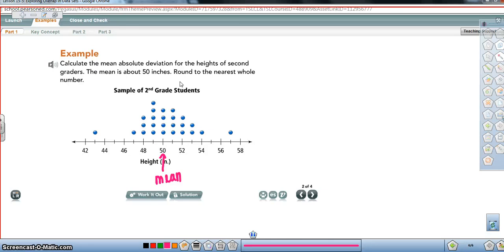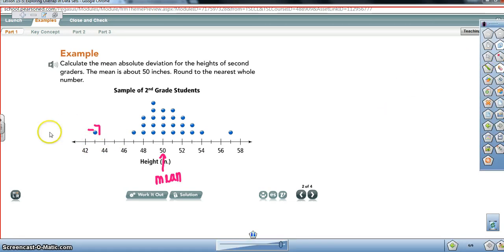So now we start looking at how far away all the data values are from this mean. Now, if we go to our first point here, it's at 43. We would say that's 7 away from the mean. It's like -7 away from the mean because it's behind the mean. But we don't really care about positives and negatives because we're just going to do the absolute deviation.